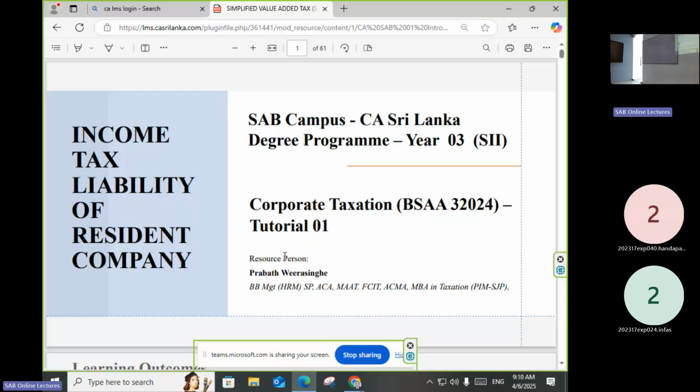You may have learned that in the comprehensive income statement, tax is charged after all the expenditure. We recognize the profit before tax.